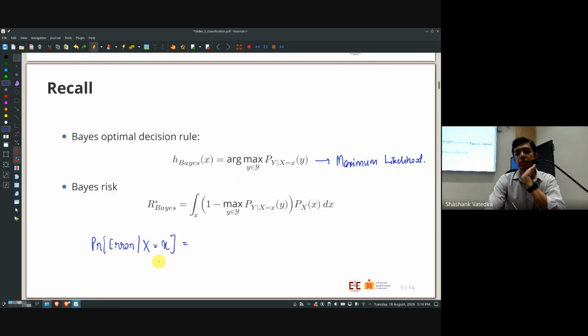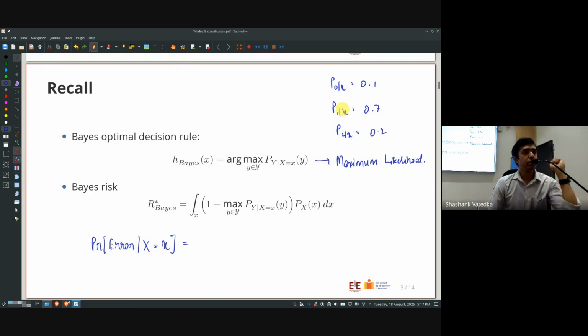Let's assume that y can take three different values, 0, 1, and 2. For one particular choice of x, maybe you have p(0 given x) equal to 0.1, p(1 given x) equal to 0.7, and p(2 given x) equal to 0.2.